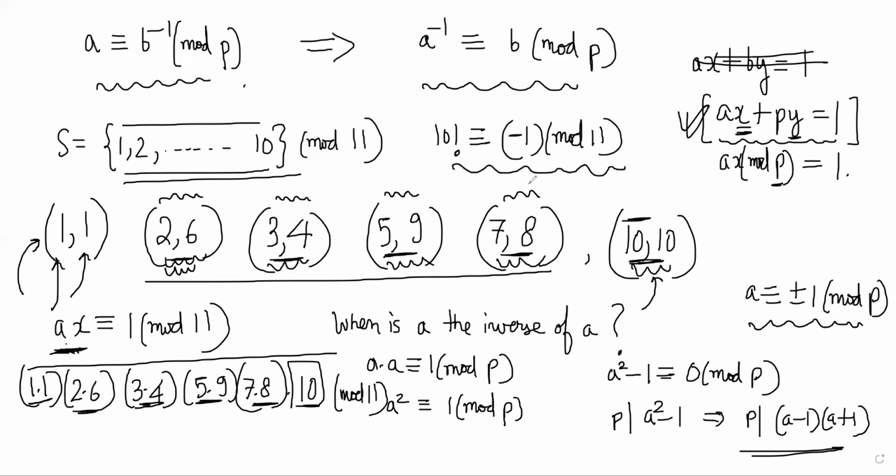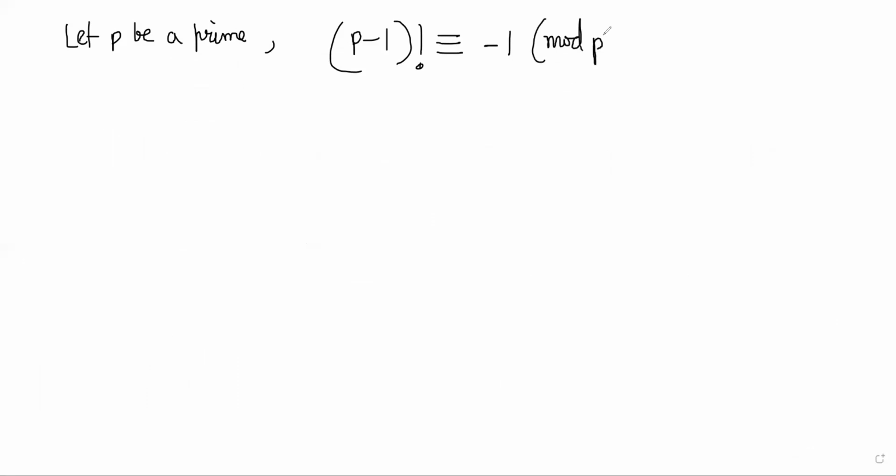Correct. So what we can say in general is, let P be a prime, then P minus 1 factorial will always be minus 1 mod P. Why? Because if P is a prime, my set S will be from 1, 2 till P minus 1.